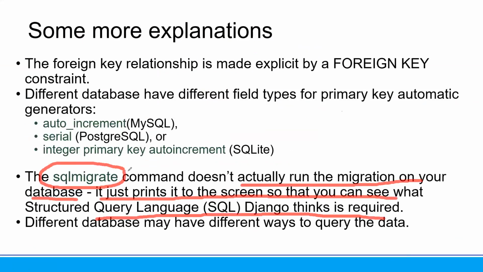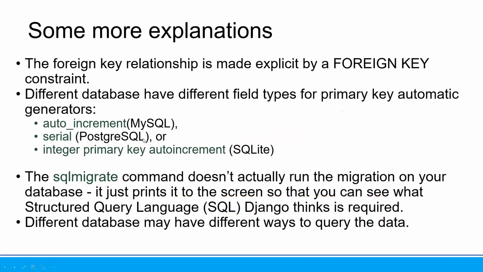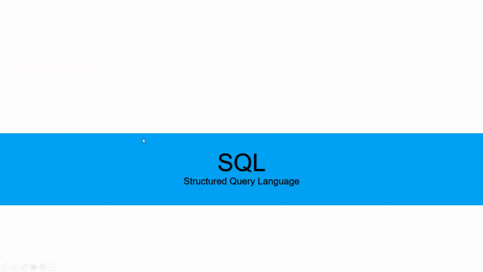It is just to show that you already created the table or you want to access the data. And different databases may have different ways to query the data. So this is just the beginning before we enter the chapter about SQL.